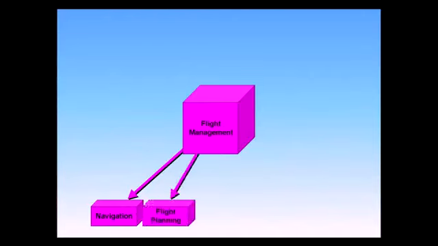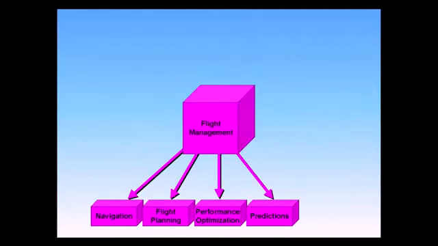The flight management part of the FMGCs controls the following functions: navigation, the accurate position of the aircraft and the capability to automatically follow the programmed flight plan; flight planning, the flight plan computation; performance optimization, cost, speed, and altitude optimization; predictions, the accurate estimates for waypoints, altitude, speeds, fuel, and arrival times; display management, the control of information to the EFIS system to display autoflight modes and navigation information.